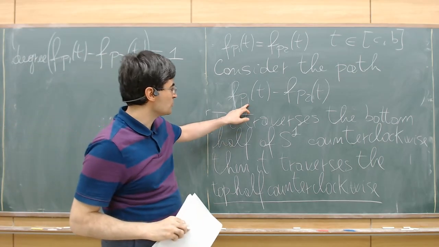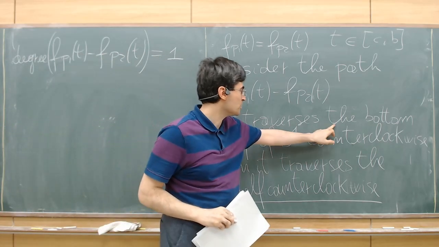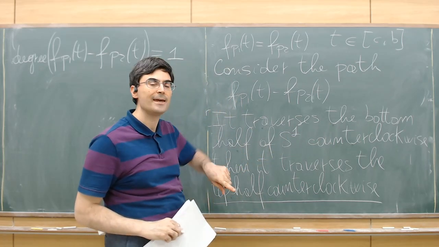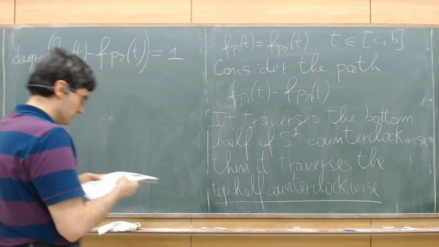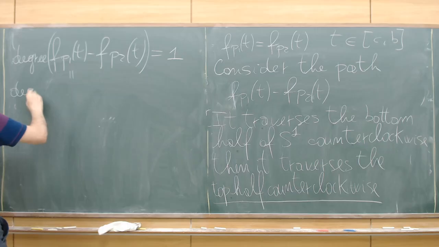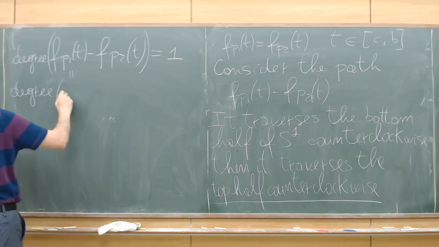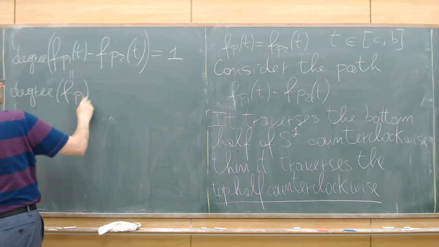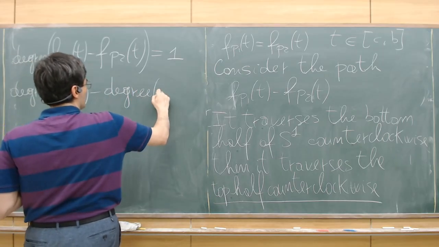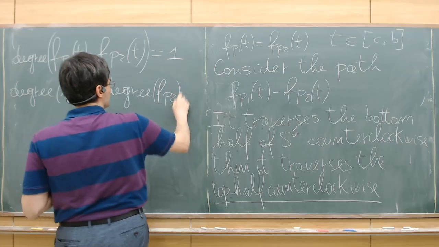Because first we traverse the bottom half, then we traverse the top half of S1. So we make an entire turn. But this is the degree of fp1 minus the degree of fp2, and this is equal to 1.